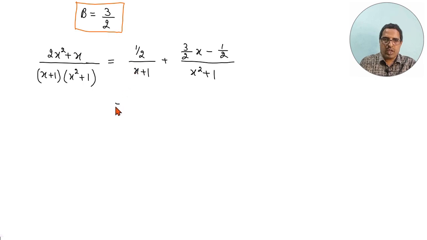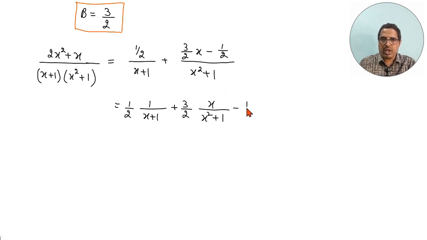Let us try to rewrite this one. 1 by 2 times, it is 1 by x plus 1 plus, I'll just try to split these two terms, divide each of the terms by x square plus 1. 3 by 2 as it is, x divided by x square plus 1. And then here minus half, we'll take it outside and rewrite this as 1 by x square plus 1.